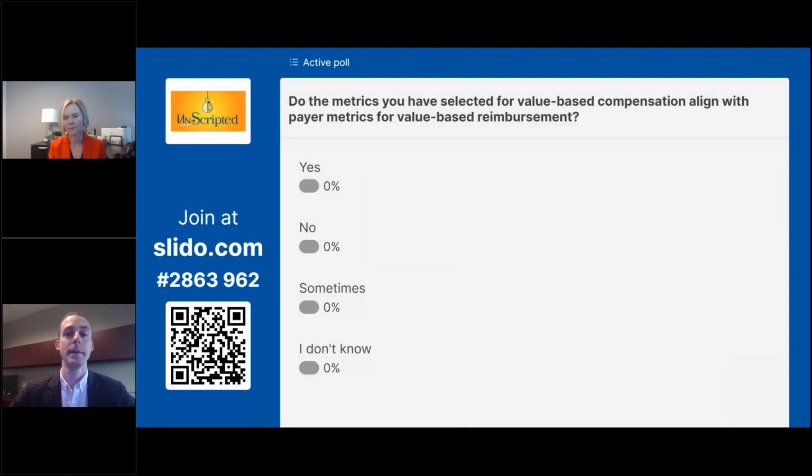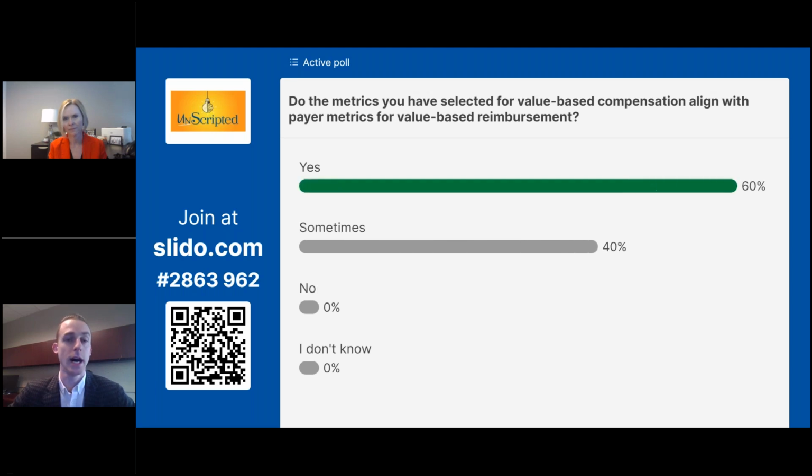So the next question is similar, but do the metrics you have selected for value-based compensation align with payer metrics for value-based reimbursement? So again, we're thinking about the payer metrics and the provider metrics. And if you think about the flow of a dollar, you can say it starts with a patient who's paying their premiums, but it's coming from the payer.